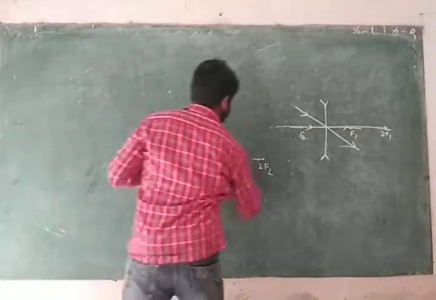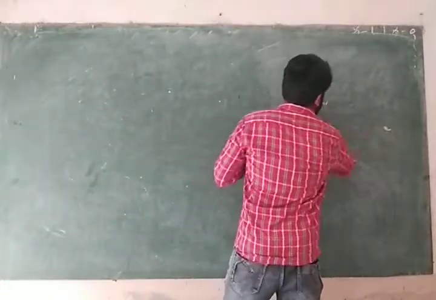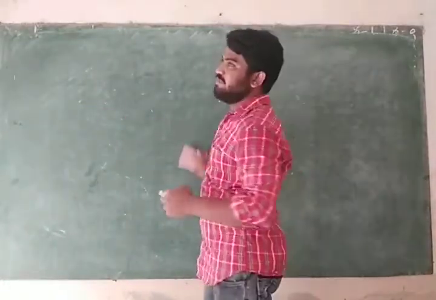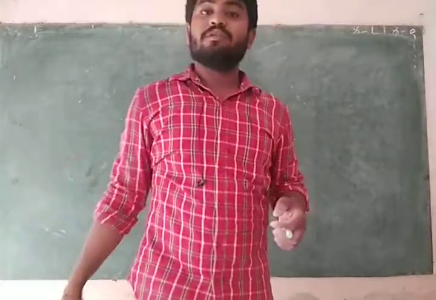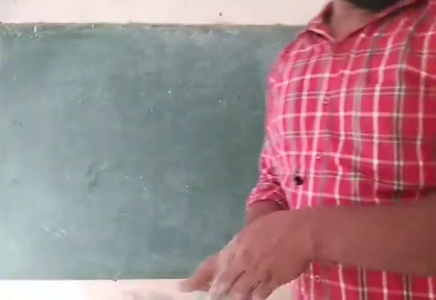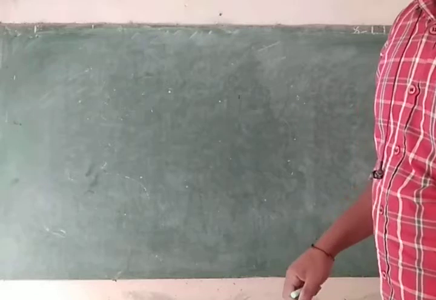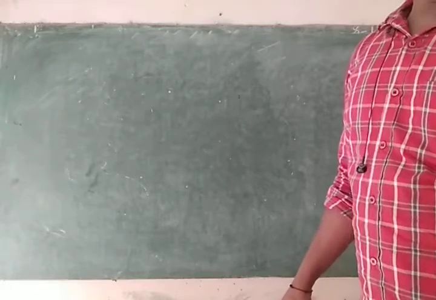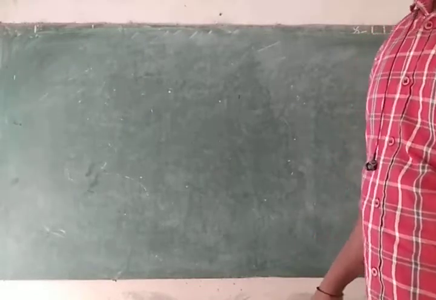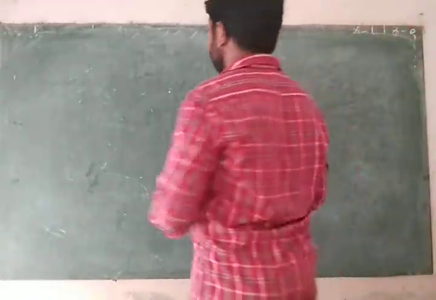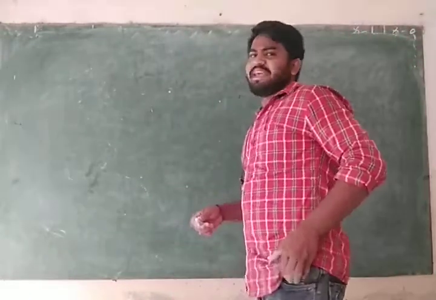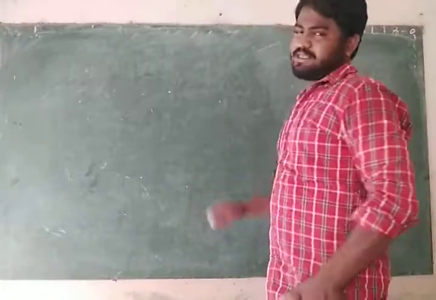Now let us see how the image forms according to the position of the object. In the first case, we'll take the example of a convex lens, biconvex lens.